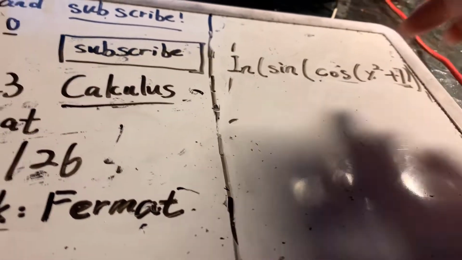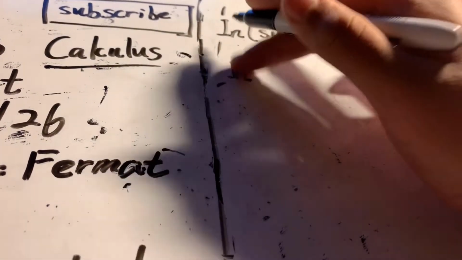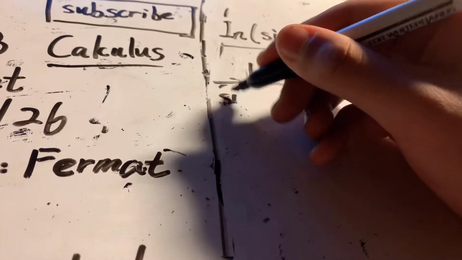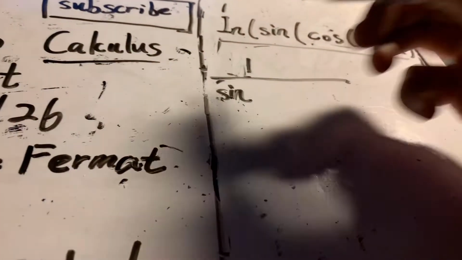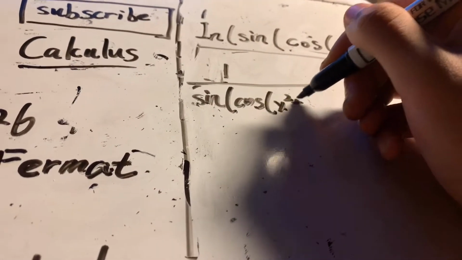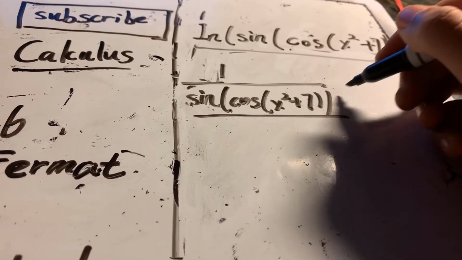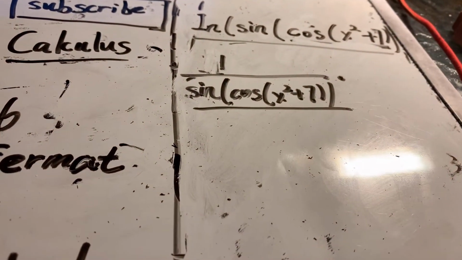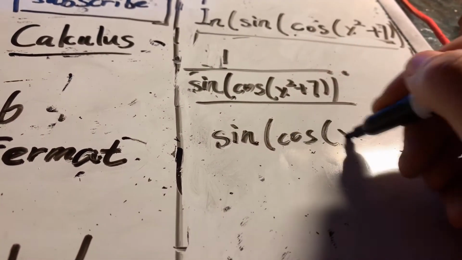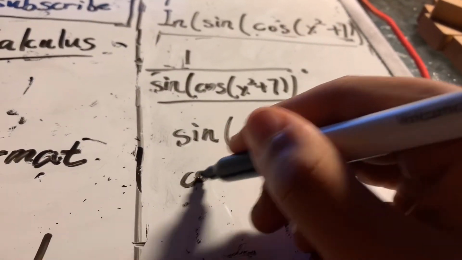It's like you are multiplying by the derivative of the outer part. By the formula, you set this as u, so it will be this. But in this case, you need to multiply by the derivative of the inside. To get it, you set this as u and take the derivative.